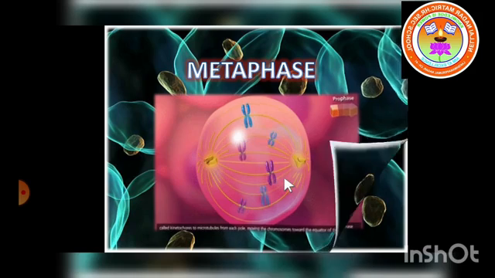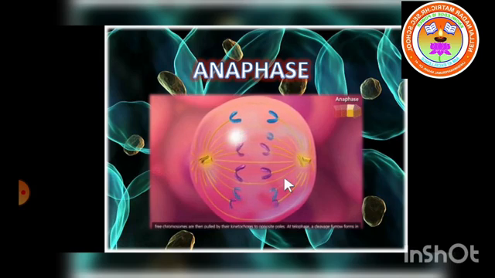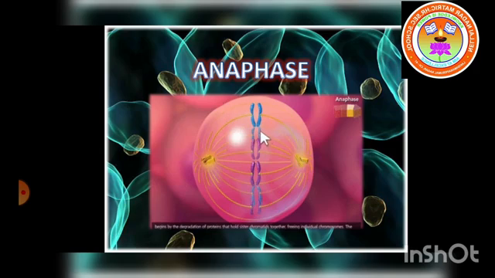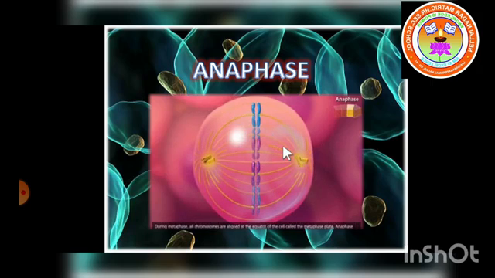Next, we will see what is anaphase. Ana is up, back. The centromeres attaching the two chromatids. Here you can see the centromere attaching the two chromatids divides, and the two daughter chromatids of each chromosome separate and migrate towards the opposite poles.